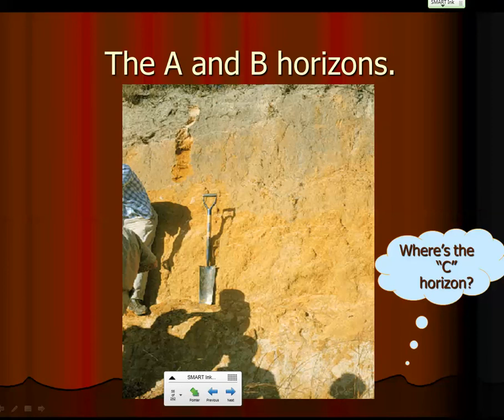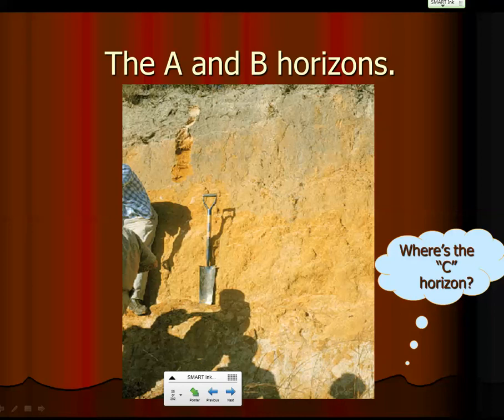And there they are in photograph form. You can see that soil spade there, and they're digging through some of these layers. It looks like the A horizon way up top there where you can see the organic material, and then all that kind of light colored material there, those are minerals washed down from the A horizon. That's the B horizon. The C horizon, where would that be? You can probably surmise it's down below.